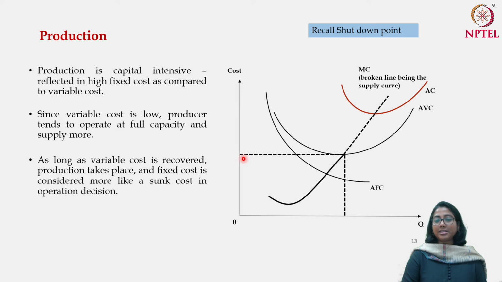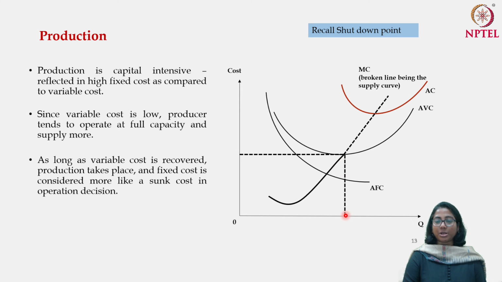Suppose this is the price that the market is paying to the producer. This is the price of the fossil fuel. And the profit maximizing equilibrium for this producer will be generated where this price is equal to marginal cost. So this minimum point of AVC in this context is giving the equilibrium point for the producer. Now how much is the producer producing and supplying?